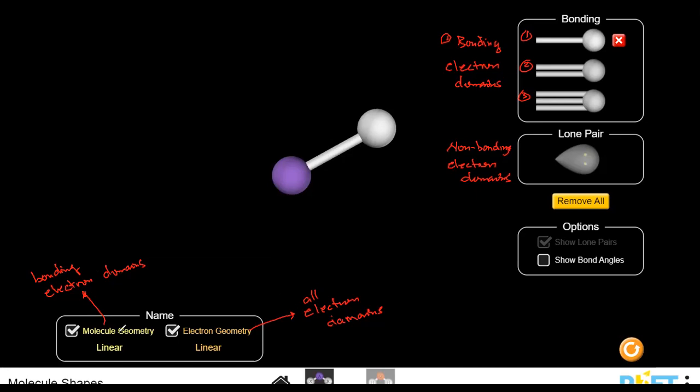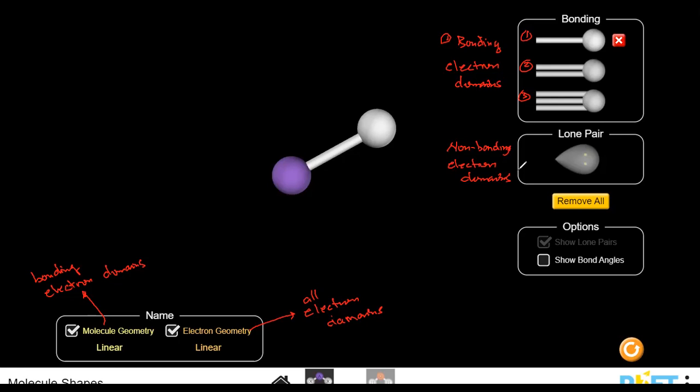So that's when the molecular geometry and electron geometry overlap. They are exactly the same. They will have the same name, and this will occur when a molecule only has bonding electron domains, that there are no non-bonding electron domains. That means there are no lone pairs.